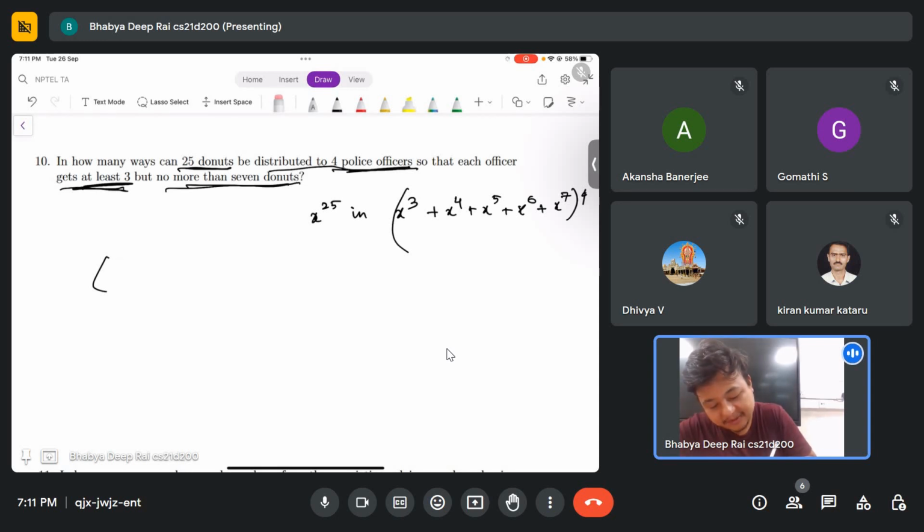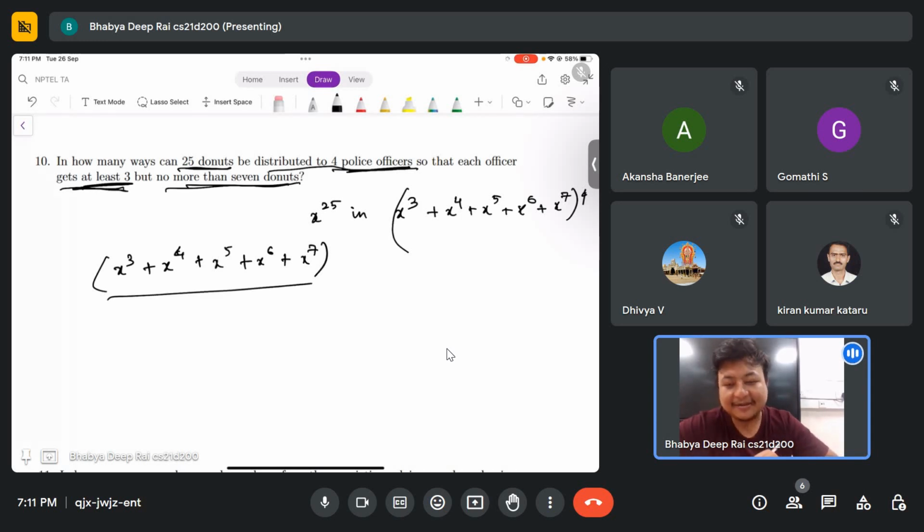It will only start from 3: at least 3 donuts, 4 donuts, 5, 6, 7 donuts. And this is true for all police officers. So I'll multiply this with itself 4 times, which means it is to the power 4. And what am I looking for? I'm looking for the coefficient of x to the 25.